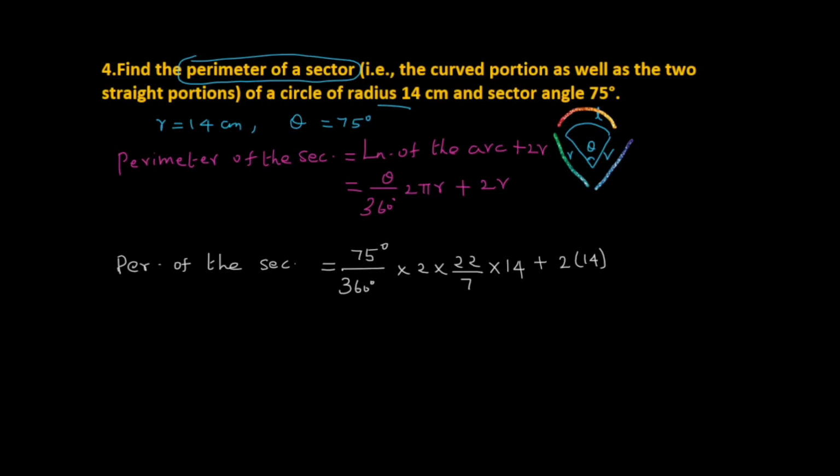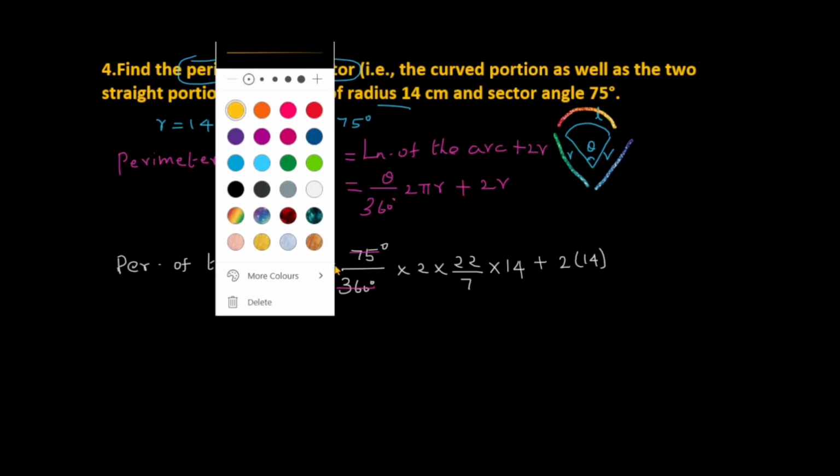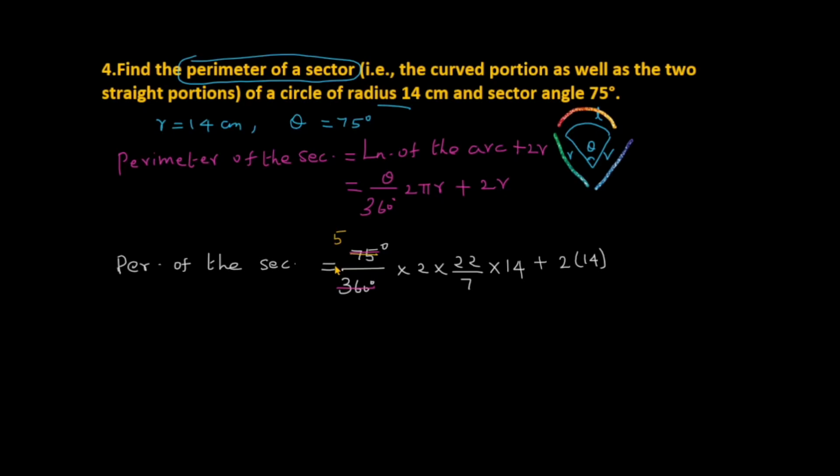So when we are cancelling this, we will take the 15 table: 15 5s are 75, 15 2s are 30, remaining 6, 15 4s are 60. Now this 2 and 24 can cancel 12 times.